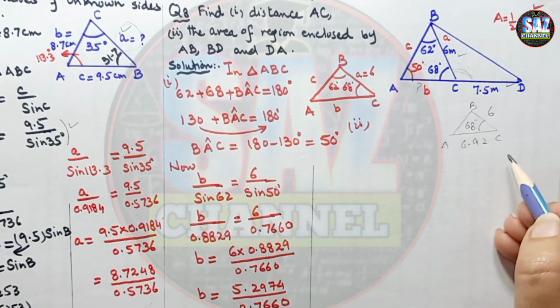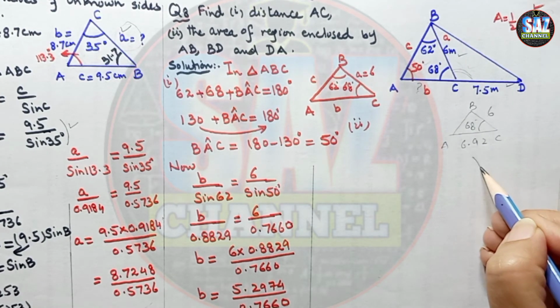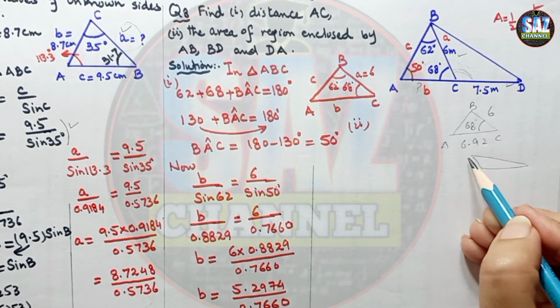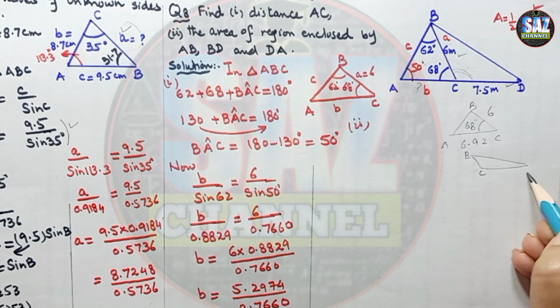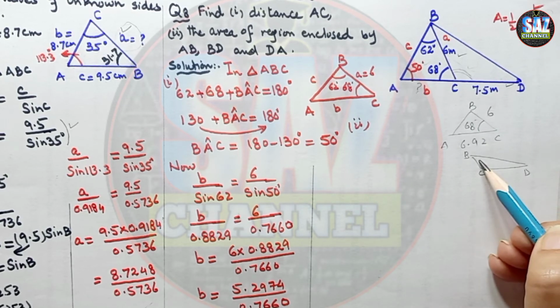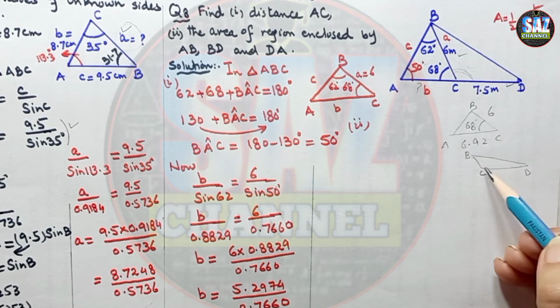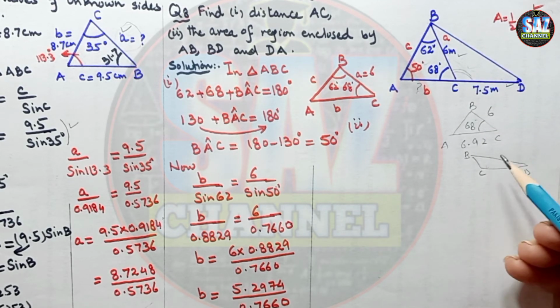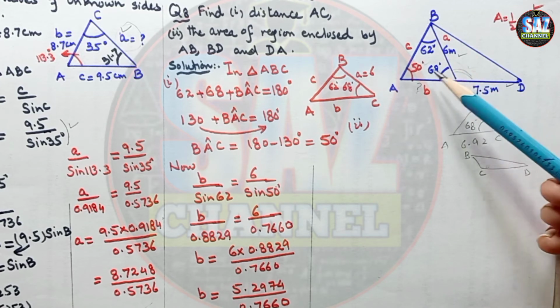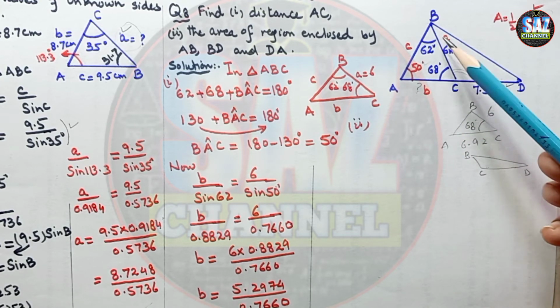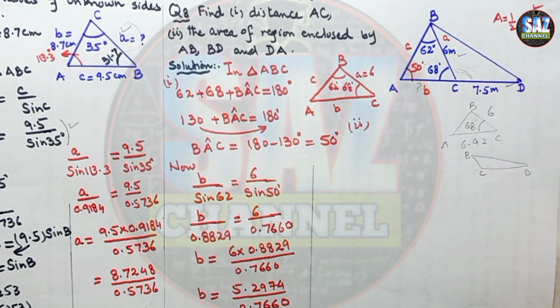And if we take triangle BCD, here we have 6 meters, here we have 7.5, and I can get the value of this angle. We can find the area of this figure by adding the area of triangle ABC and the area of triangle BCD. So I will prefer this way to find the area.